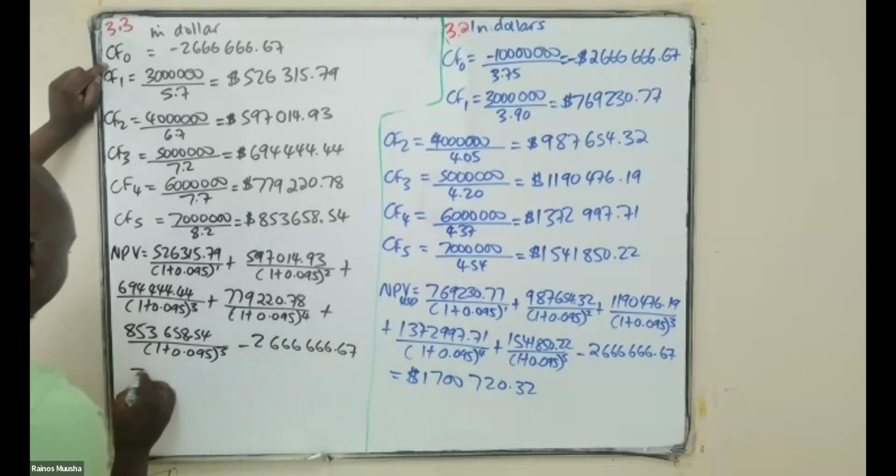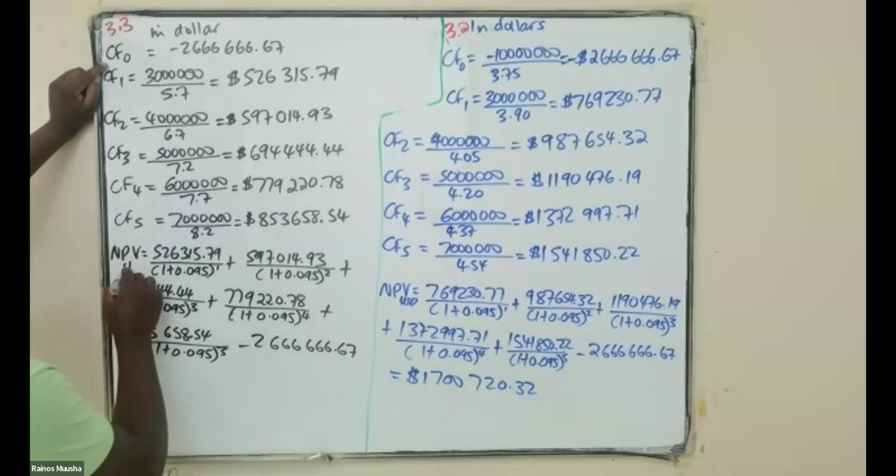So given this information, how much do you get as your net present value?